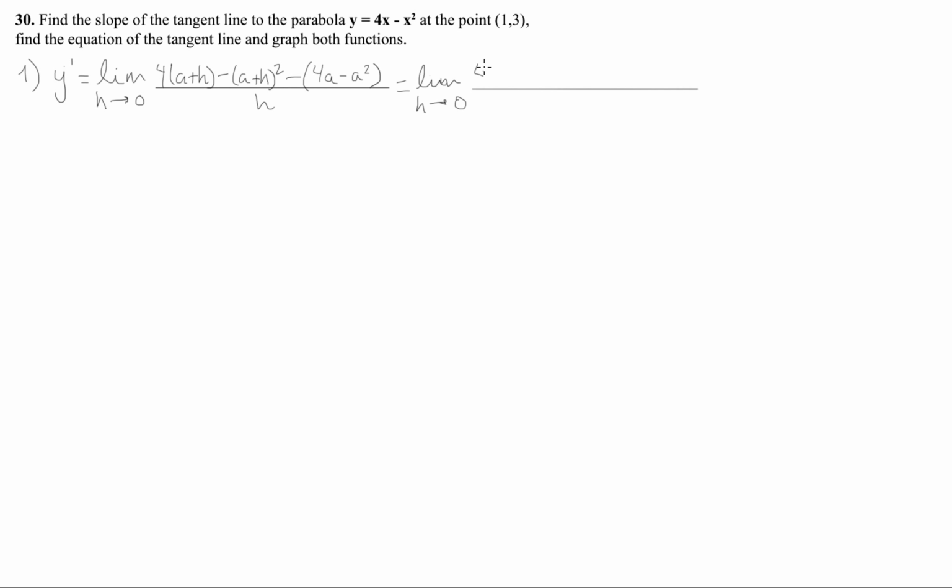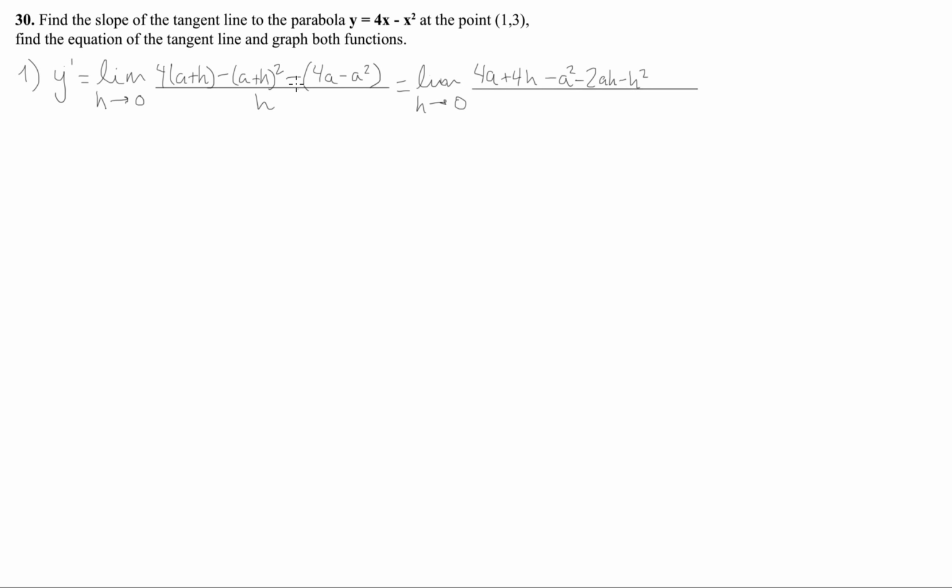So this will be 4a plus 4h minus, this is a square of a sum, so this will be a squared minus 2ah minus h squared.